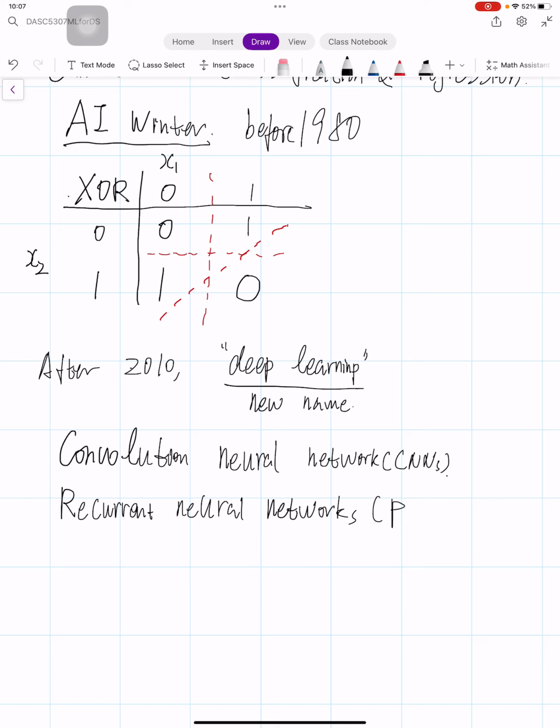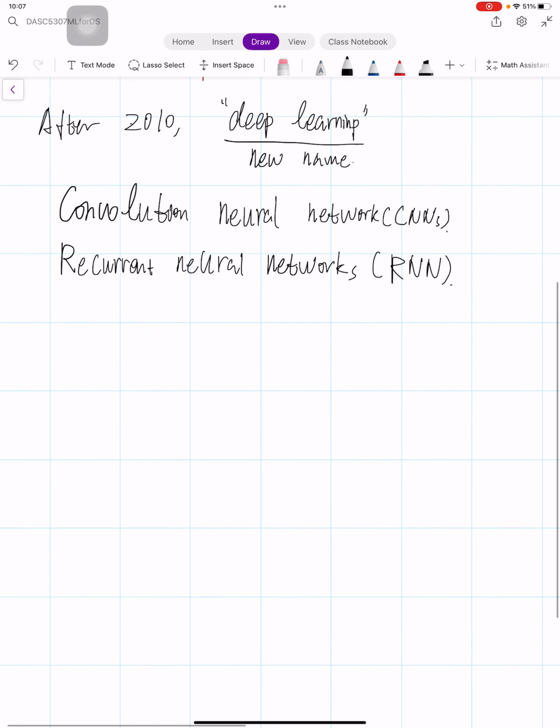This is called the RNN. Okay, and next I'm gonna give you some simple examples of the neural network.